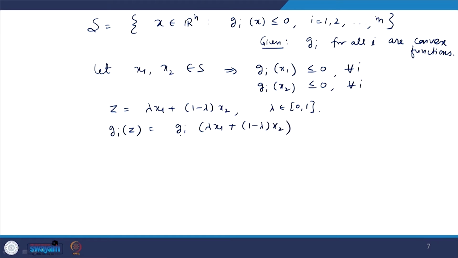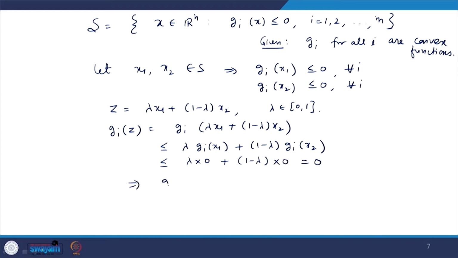Now, these g_i are convex for all i. So this means g_i of (lambda x1 plus (1 minus lambda) x2) is less than or equal to lambda g_i(x1) plus (1 minus lambda) g_i(x2). And g_i(x1) is less than or equal to 0 for all i, g_i(x2) is less than or equal to 0 for all i. So this is less than or equal to lambda into 0 plus (1 minus lambda) into 0, which is equal to 0.